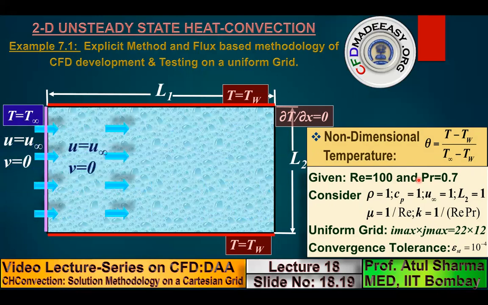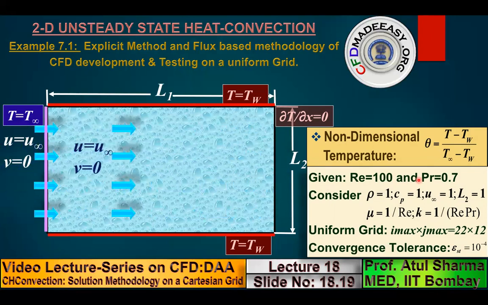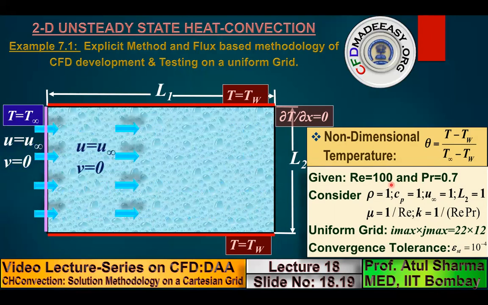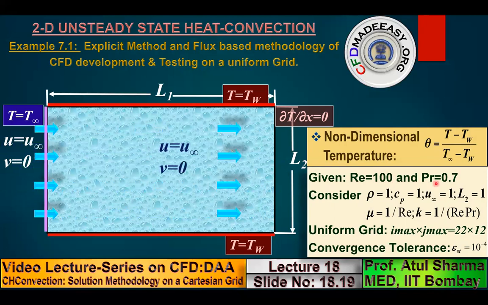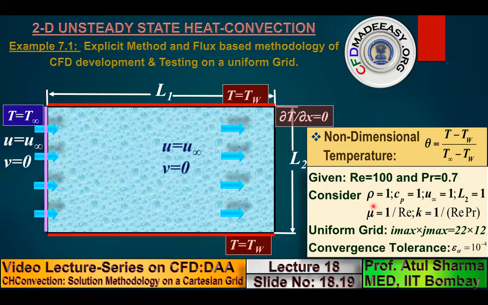To solve a problem in a non-dimensional form from a code which is written in a dimensional form, what you can do is that to set up a case corresponding to a Reynolds number of 100 and Prandtl number of 0.7, you can take the thermophysical properties as some hypothetical values.